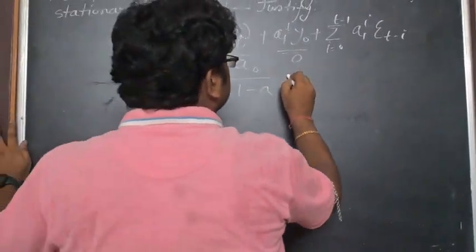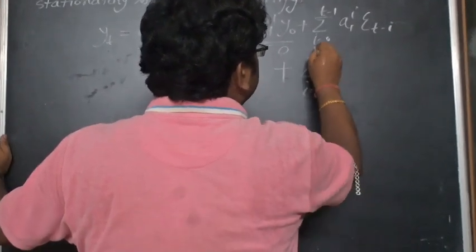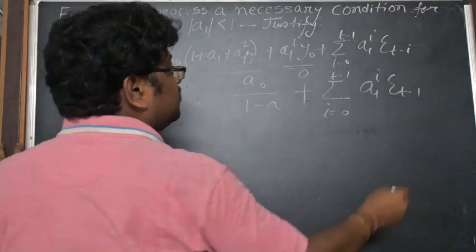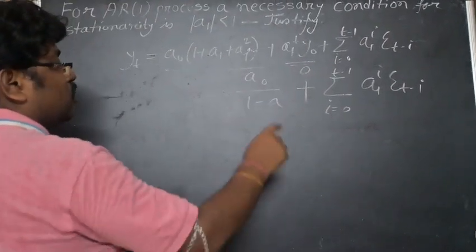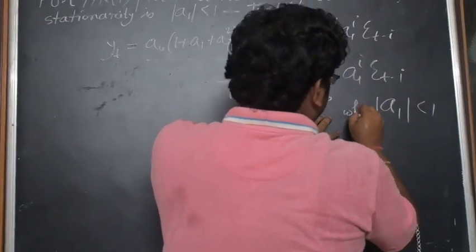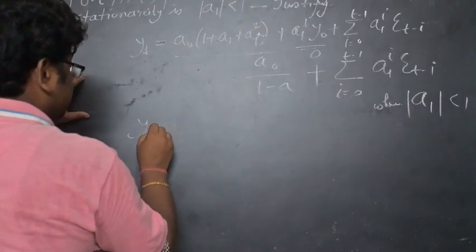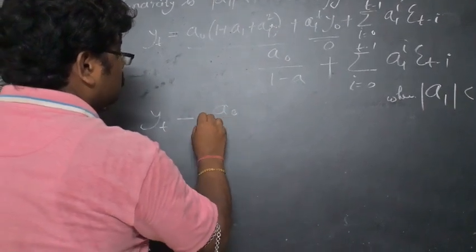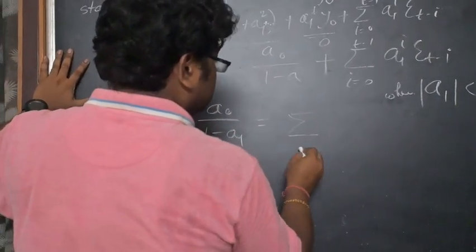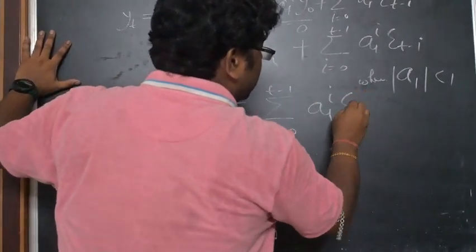So what remains is plus the summation i equal to 0 to t minus 1 of a1 to the i epsilon t minus i, where mod a1 is less than 1. So yt minus a0 by 1 minus a1 equals the summation i equal to 0 to t minus 1 of a1 to the i epsilon t minus i.